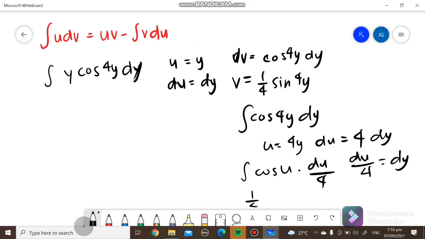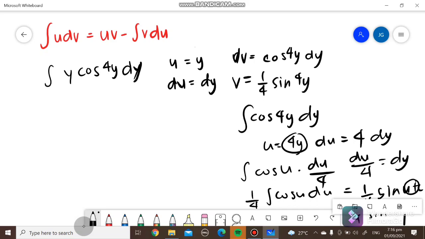So basically I have 1/4. The integral of cosine u du is simply sine u, so we have 1/4 sine u plus c. What is the value of u? The value of u is 4y, so we will have 1/4 sine 4y. So that's it.